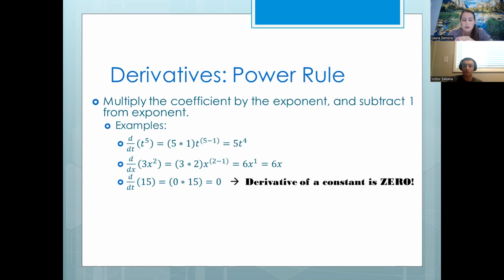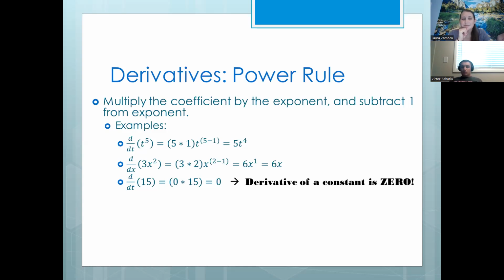Yes, there's a comment: I used dy dx when I was in high school. Absolutely. If your expression is written out as y equals 3x squared, then you can just say dy dx. That's the derivative of y with respect to x.